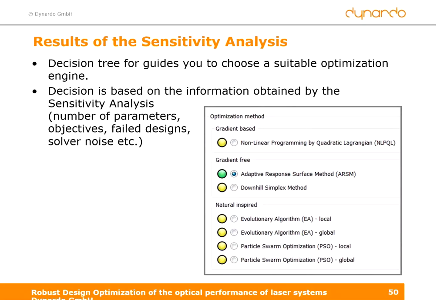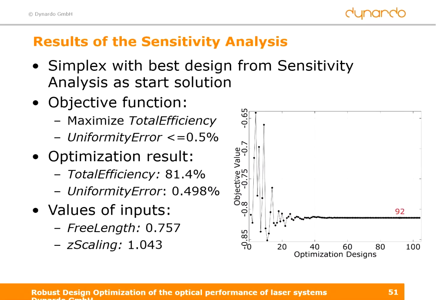For the optimization, which optimizer you choose, you will be guided by this selection tree, by this traffic light. Here, actually, this adaptive response surface method was predicted to be suitable. But as we are experts in optimization, we said, okay, the simplex method is also okay, which we have chosen here now.